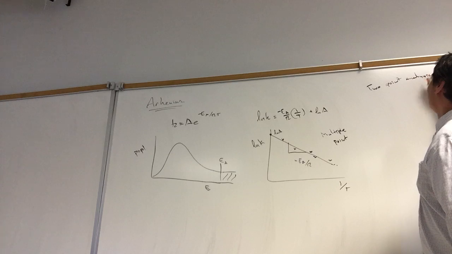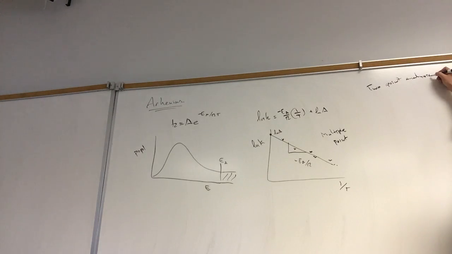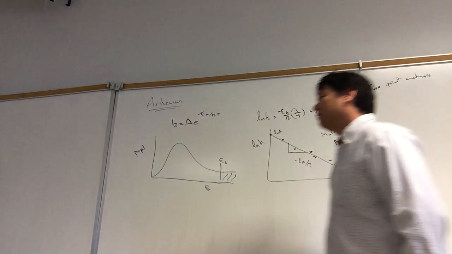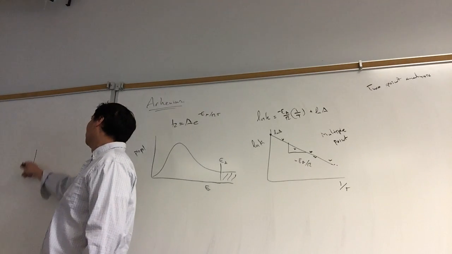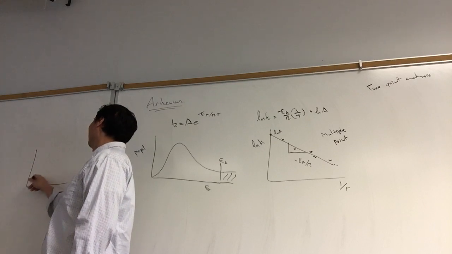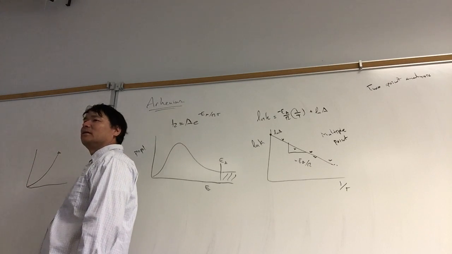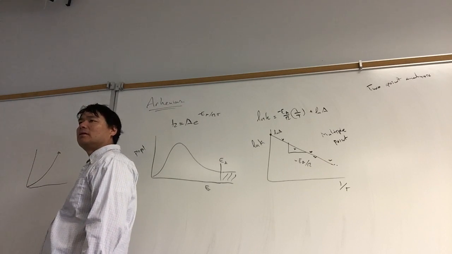If you only have 2 points, then the common trick is what you saw or might remember of the Clausius-Clapeyron equation. Did we talk about that? I don't know if we did. The Clausius-Clapeyron equation describes the vapor pressure curve, like this. Anybody remember the Clausius-Clapeyron?